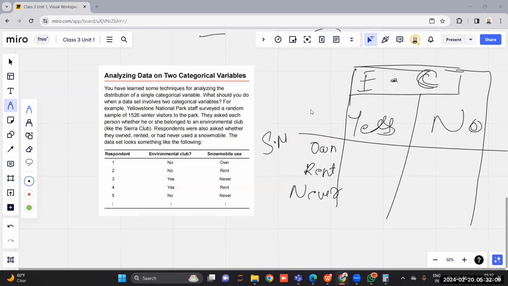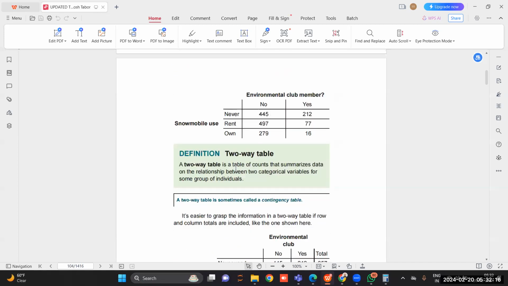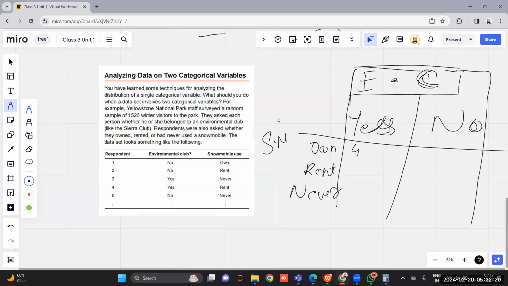Likewise, see, in the data set he has counted, this is our data. We'll count how many of them have never used, so it is 445. Both the categories should match: they should have owned the snowmobile as well as be a member of the environmental club. How many people are there?